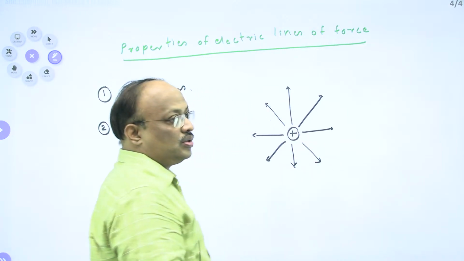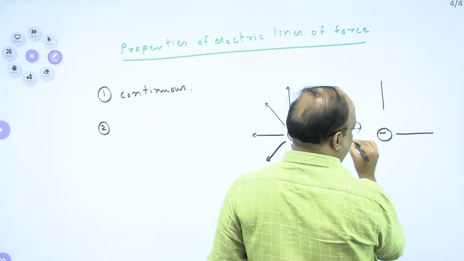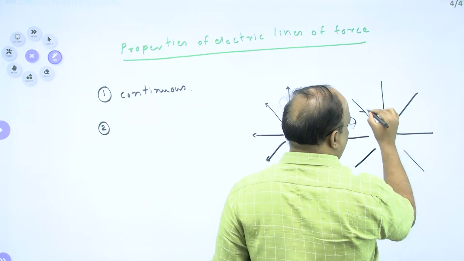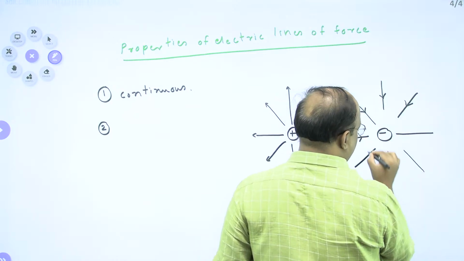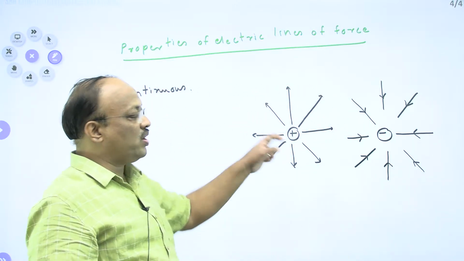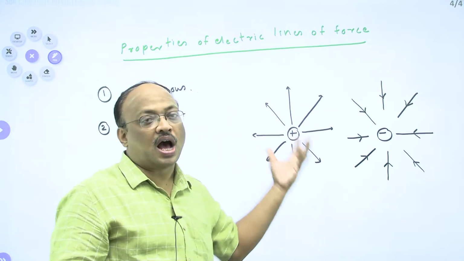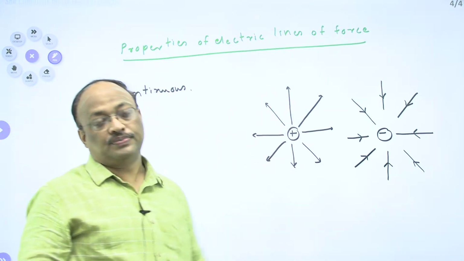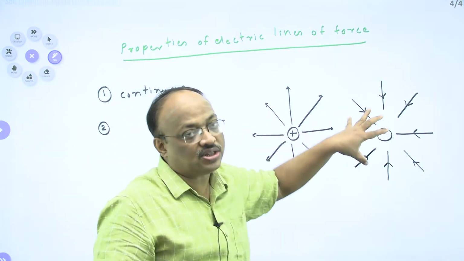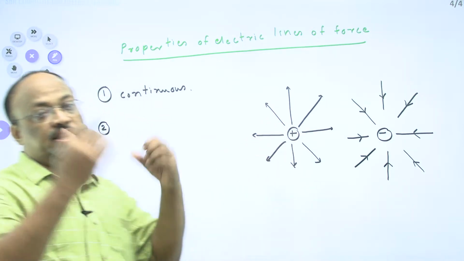If a negative charge is there, the electric lines of force are in the same way, but they are converged. For an isolated positive charge, the electric lines of forces are diverged. If an isolated negative charge is there, the electric lines of forces are converged in nature.